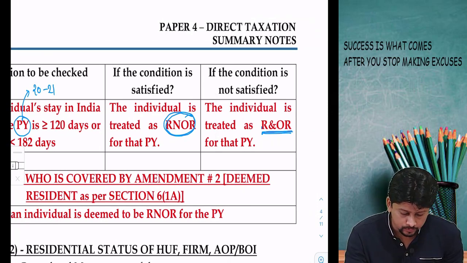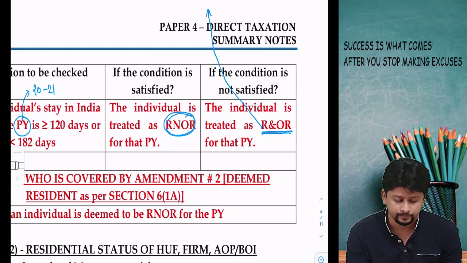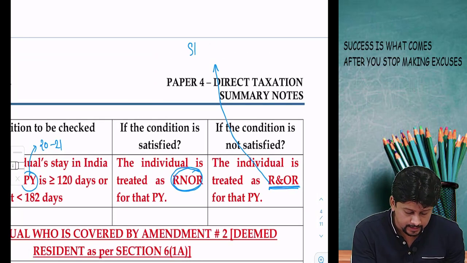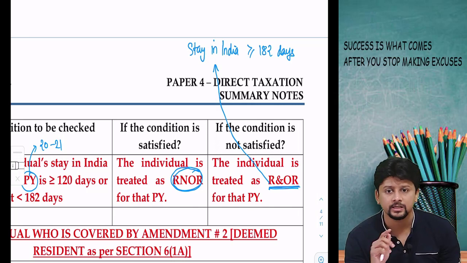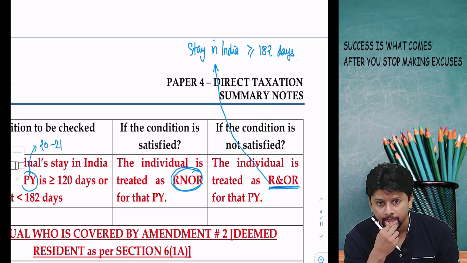So in simple terms, what it means is, here the stay in India is minimum 182 days. That means basic condition number 1 is satisfied.